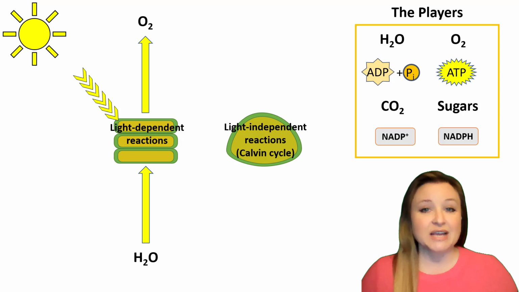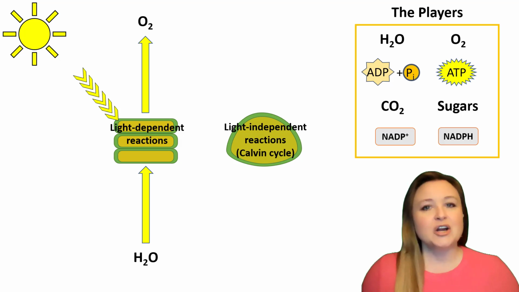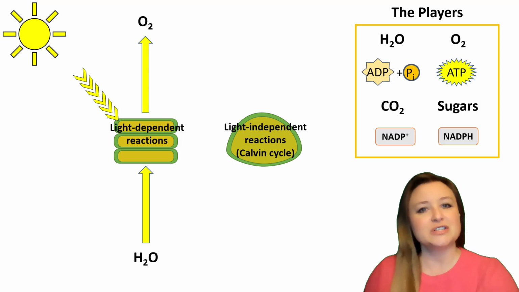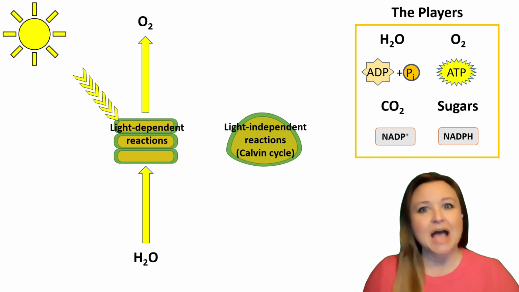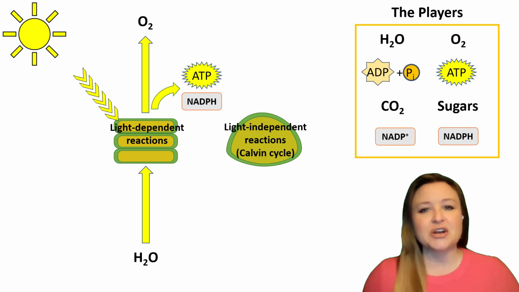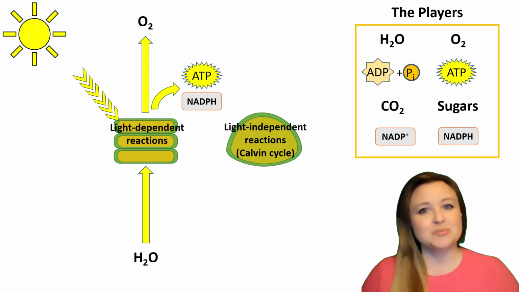And that's why photosynthesis generates oxygen as a byproduct. Now, in the light-dependent reactions, those electrons from water are going to pass through various structures within the thylakoid membranes. And it's going to be chlorophyll that's harvesting the energy from sunlight that's going to allow those electrons to pass through the membrane. Now, those electrons are going to be used to generate ATP, and then those electrons are going to be picked up by NADP plus to become reduced to NADPH.